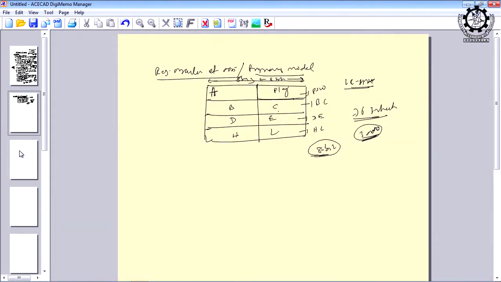Okay. And the flag is also an 8-bit register to support 5 flags, because what is a register? A register is divided again into a number of cells. An 8-bit register means 8 cells are there, and each cell is capable of storing either 0 or 1.